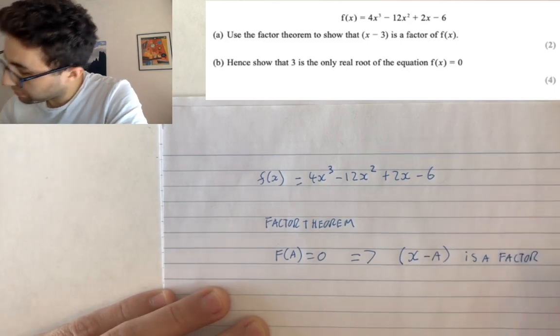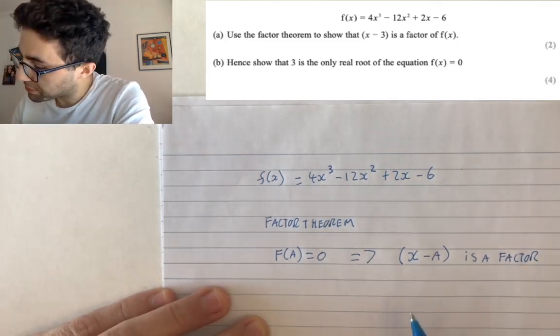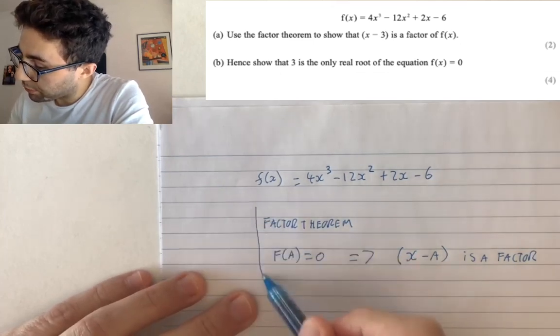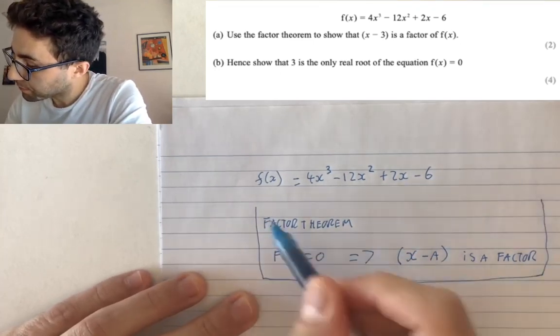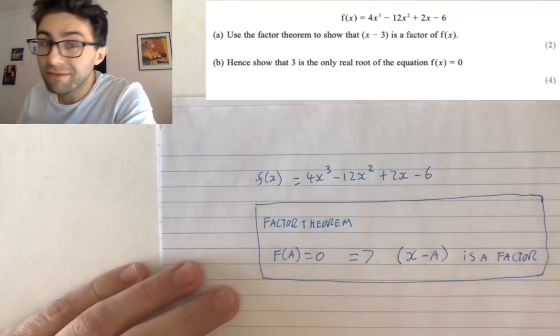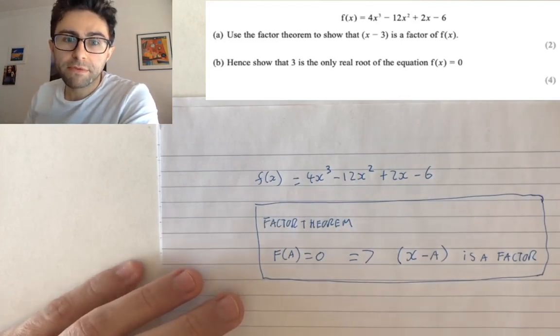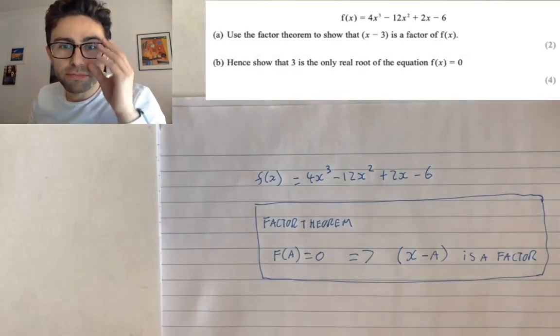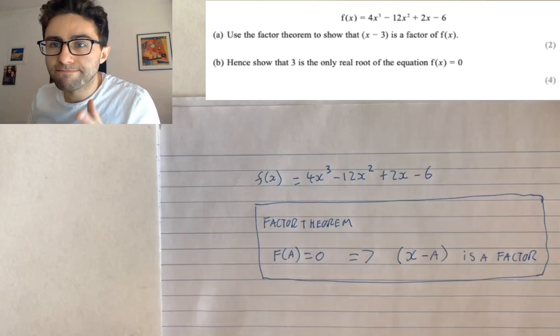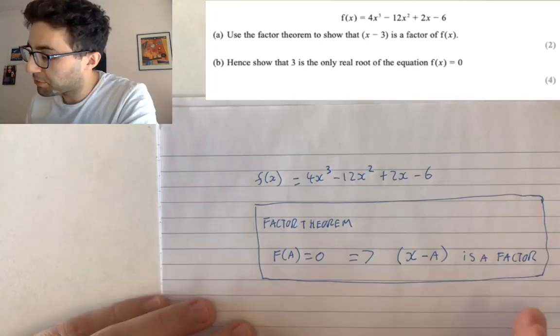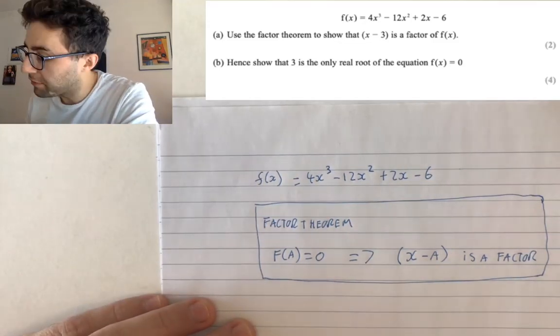Not sure why I changed between small letters and big letters, but there you go. Let's put a box around it. That is factor theorem. Sometimes people don't know what the factor theorem actually is, they'll just do the work. That's what factor theorem is.